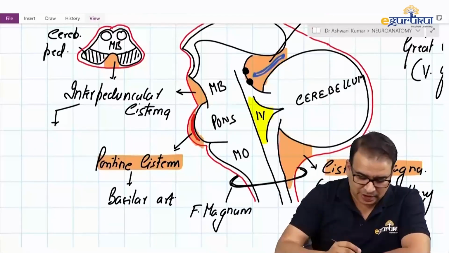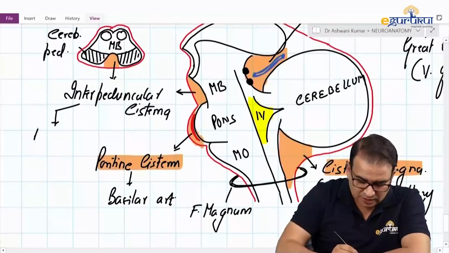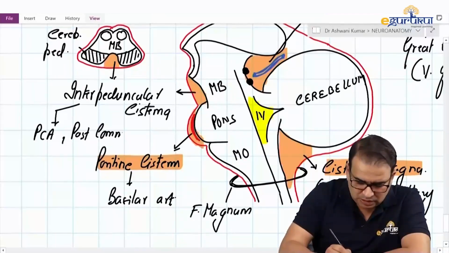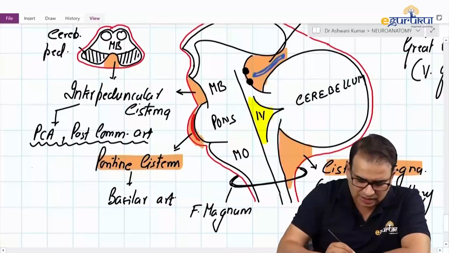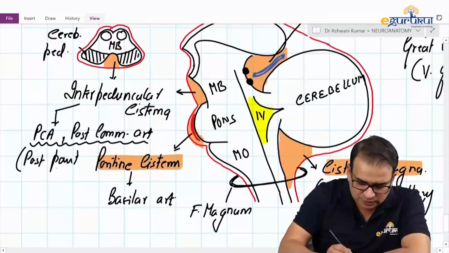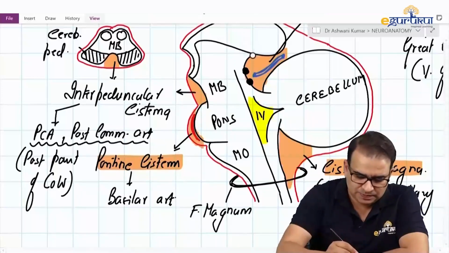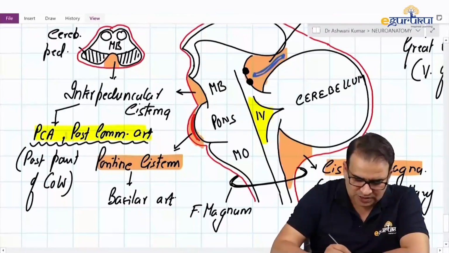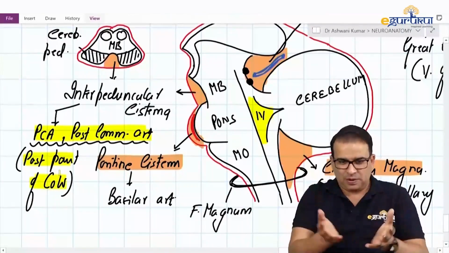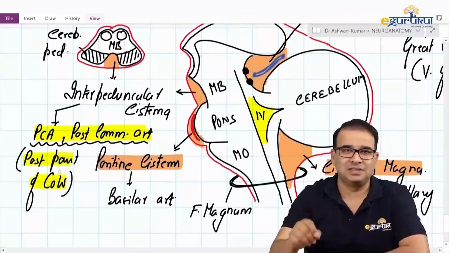So when I say interpeduncular cistern, it has the PCA in it, it has the posterior communicating artery in it. So overall I can say that the content involves the posterior part of the circle of Willis, COW. The posterior cerebral artery and posterior communicating artery are forming the posterior part of the circle of Willis, and that is what we have in this cistern.